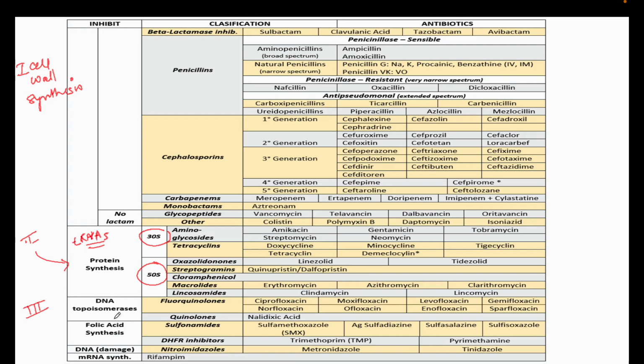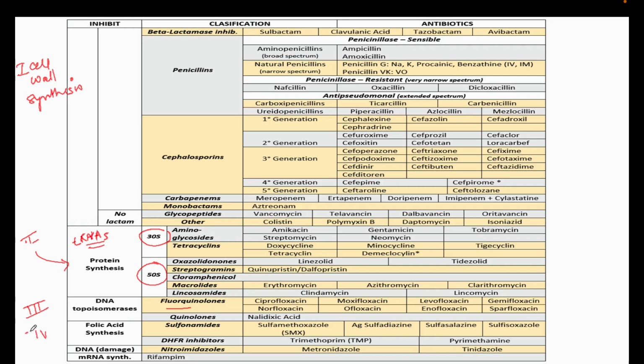DNA topoisomerases are present in both prokaryotes and eukaryotes, but in bacteria there are different types of DNA topoisomerases and gyrases, whereas in eukaryotes we have different DNA topoisomerases. So we have specific classes of drugs, namely fluoroquinolones, which target bacterial or prokaryotic DNA topoisomerases.